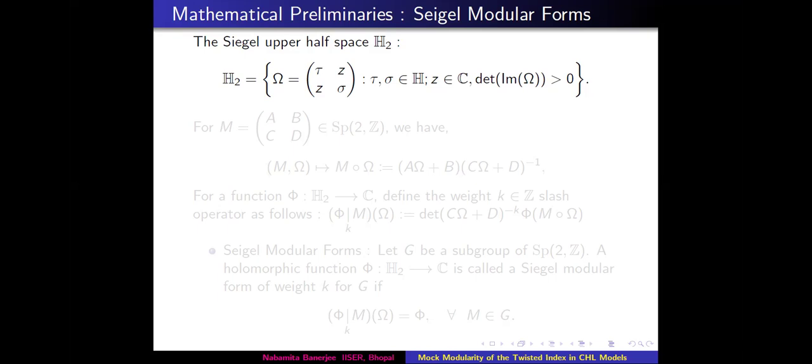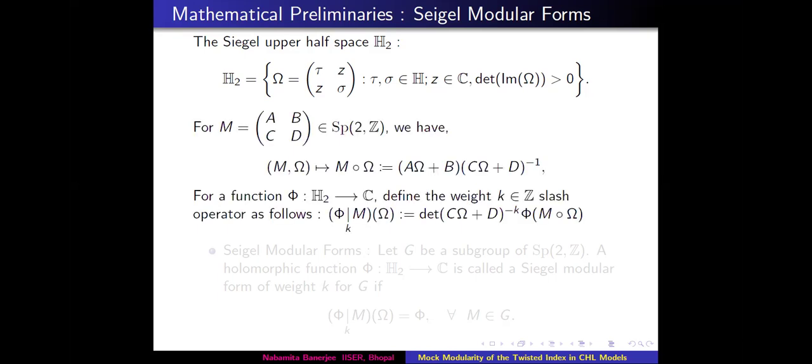And all these omegas are constrained by this condition that this must be true. Okay. Now you take any matrix M. So basically we are trying to extend the definition of modularity, which was for functions from H to C, to this case. Okay. So there we only needed matrices from SL2Z. Here we need matrices from Sp2Z.